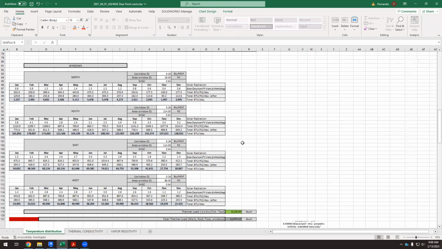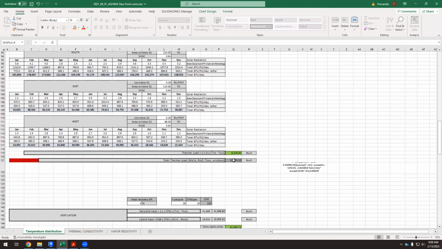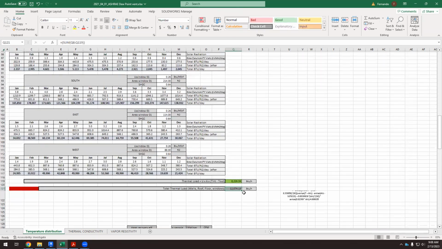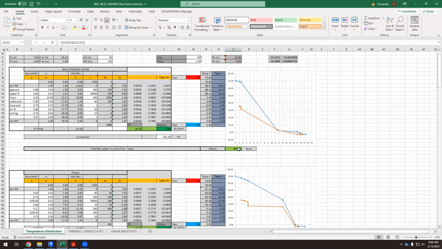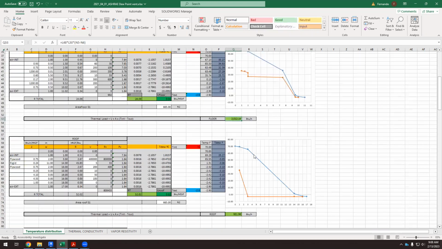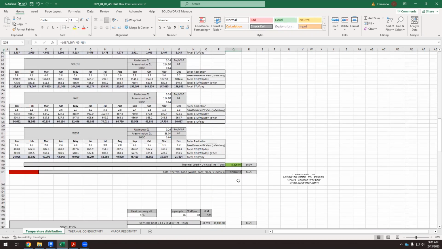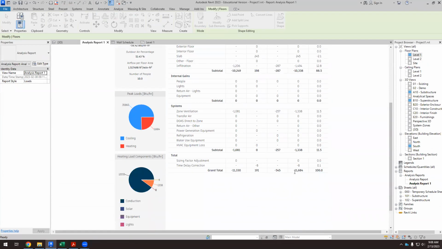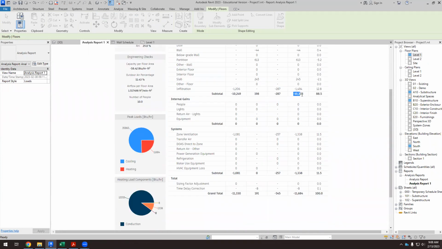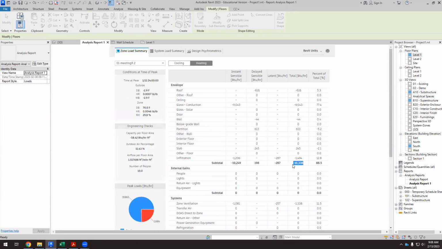So through the envelope, we have 12,000. If we are adding up the values through the floor, wall, roof, and windows, the total value is 12,000. Here in Revit is 10,000 through the envelope.